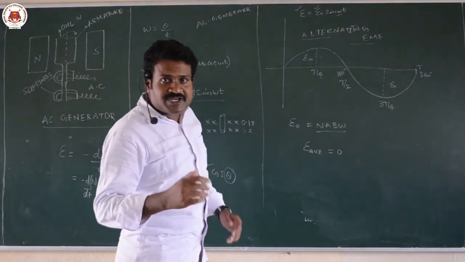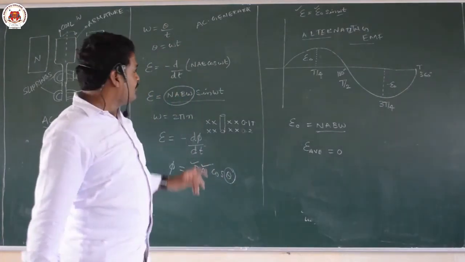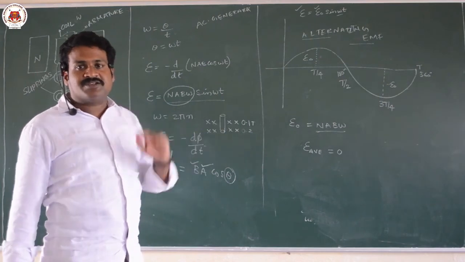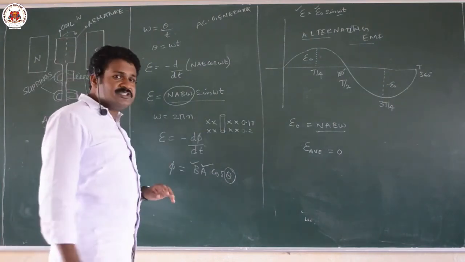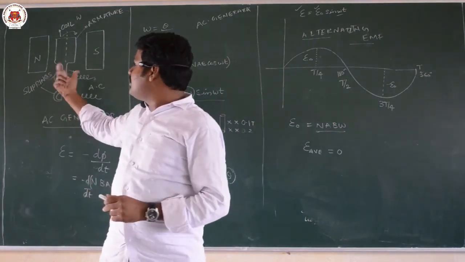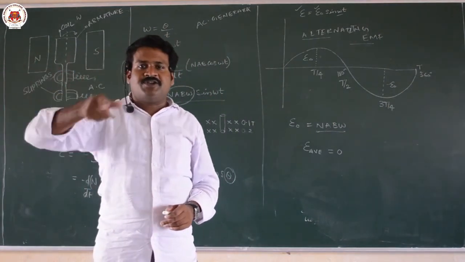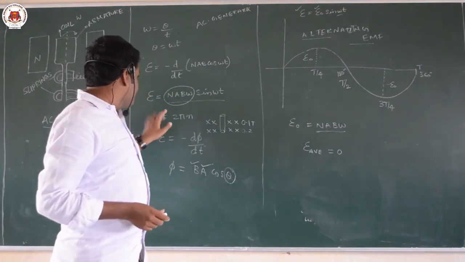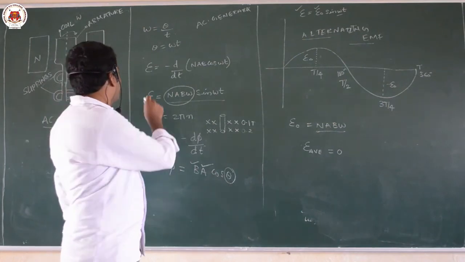As it produces alternating current, this device is called an alternating current generator, AC generator. So what happens in an AC generator is, between two strong magnets we rotate a coil with an angular velocity omega. It is continuously rotating with angular velocity omega, and based on that we get an EMF. This is the formula for EMF.